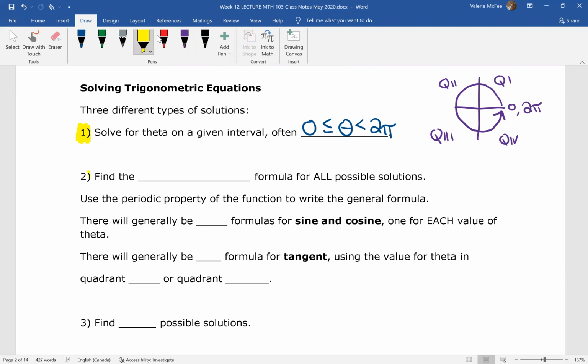The second possibility is to say we want a general formula. What is the formula that will represent all possible solutions? When you're asked for the general formula, we're going to use the periodic property of the function. So generally, not always, but generally, there will be 2 formulas for sine and cosine and their reciprocals.